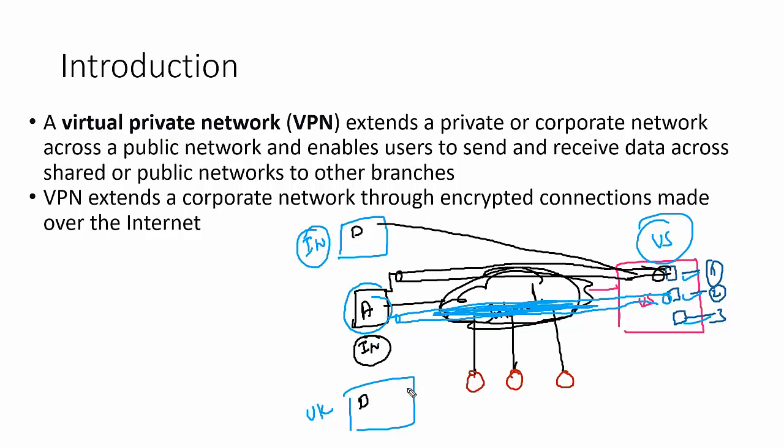My internal user, with the help of the internet, can access the other branches' resources. In this way, the private network was extended with the help of VPN over the public network to connect with the branch. So this is what a VPN is. A VPN extends a private or corporate network across the public network and enables the user to send and receive data across a shared or public network to the other branch.